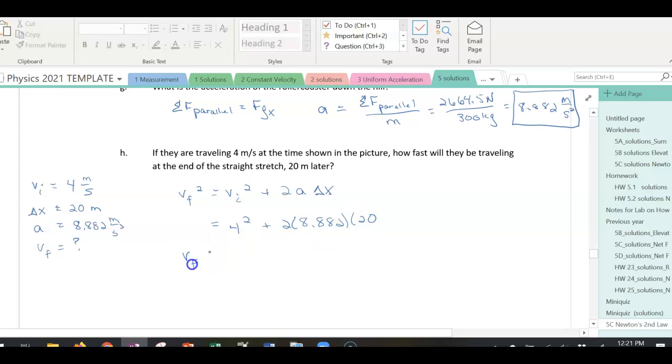And so the final velocity would be .269 meters per second.